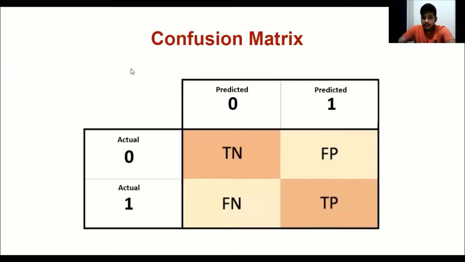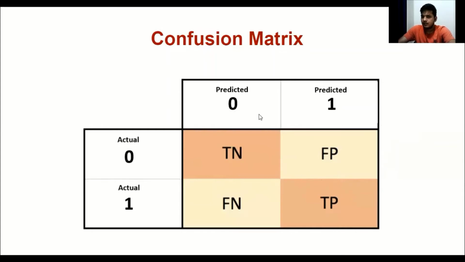Now look here. There are some components of the confusion matrix, and these are true negative, false positive, false negative, and true positive. You must have heard of these terms.